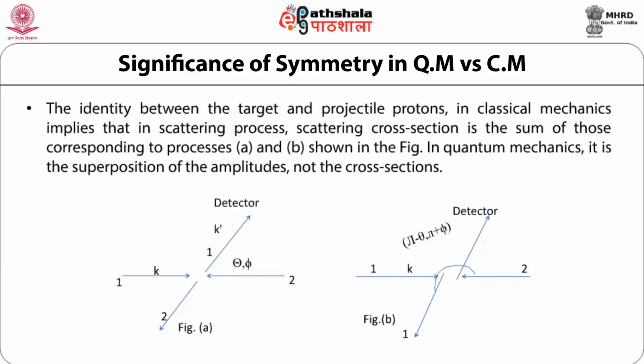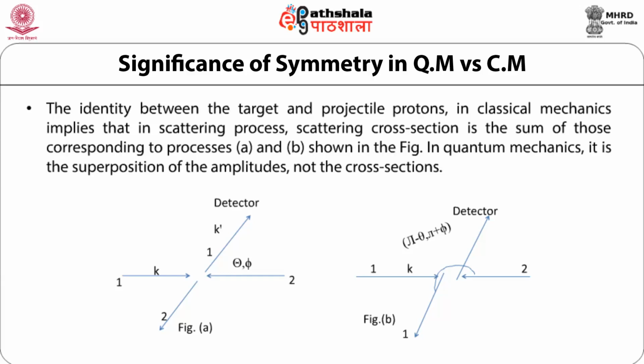And here the angle of scattering is given by pi minus theta and pi plus phi for the two protons respectively. Now here it is important to see that whether proton 1 goes to the detector or proton 2 goes to the detector, it is difficult to find out which of the two was the projectile and which of the two was the target.